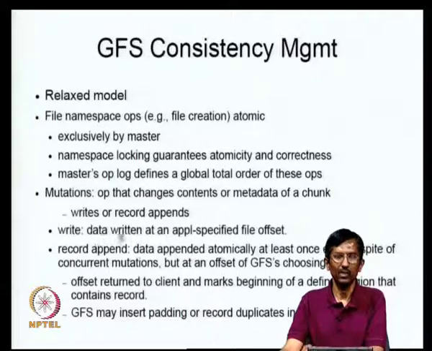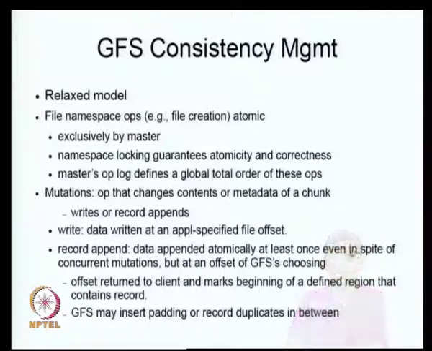A write is where the data is written at an application-specified file offset, whereas a record append is appended atomically at least once, even in spite of concurrent mutations, but at an offset of the file system's choosing.